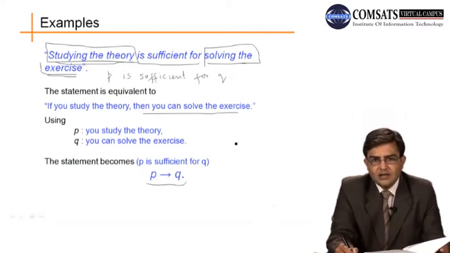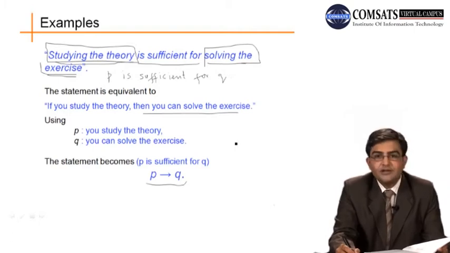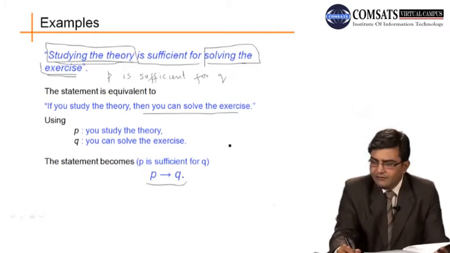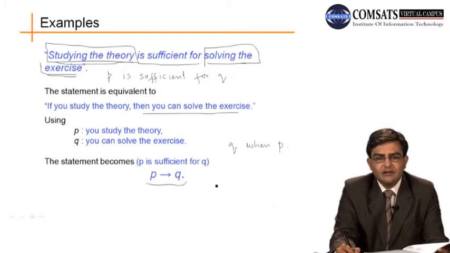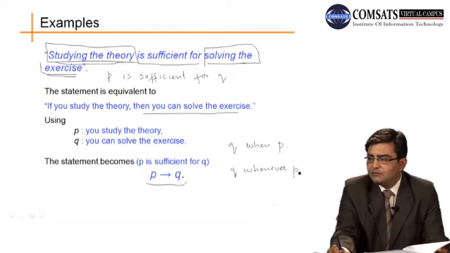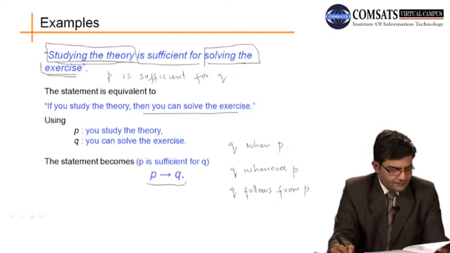I write some of the forms, but I recommend you see page 6 of Discrete Mathematics by Kenneth H. Rosen. He has given Q when P, so this is also an equivalent form of conditional statement. Another is Q whenever P, this is also another form of the conditional statement. Q follows from P, this is also another form of the conditional statement.